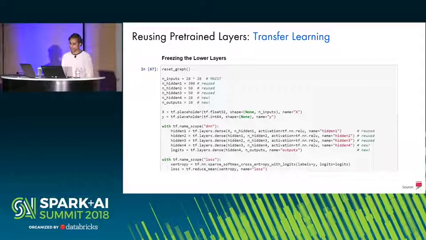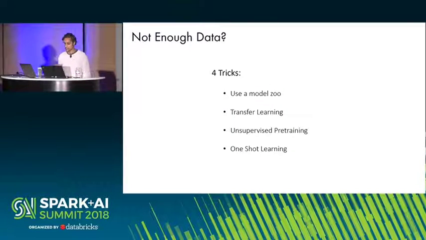This is some sample code here for TensorFlow, where we're reusing some layers and adding new layers. Also, transfer learning is just one trick you can use when you don't have enough data. You can just go get a model from a model zoo like TensorFlow on GitHub, and not do transfer learning at all.